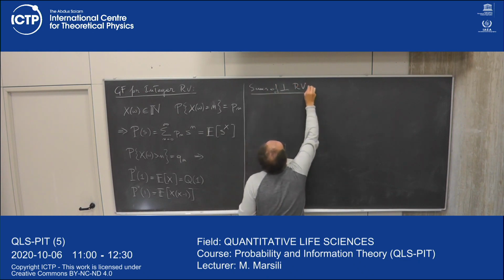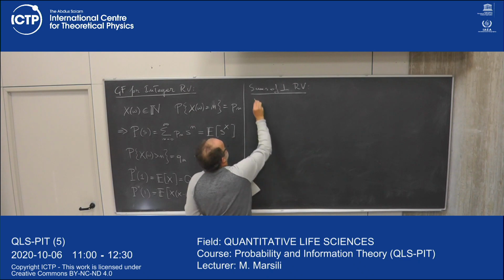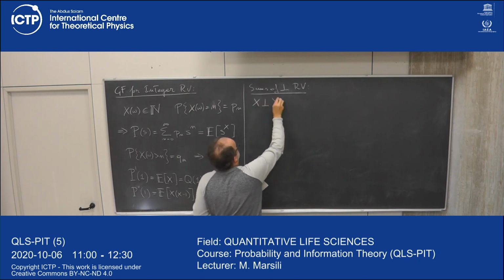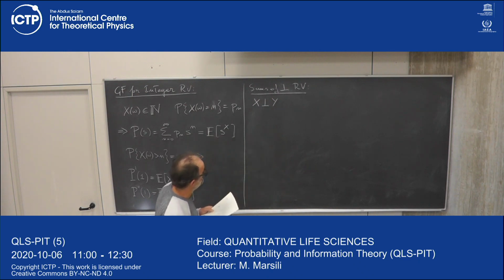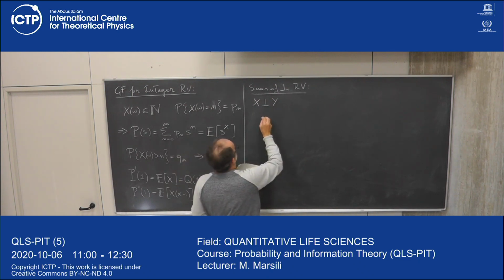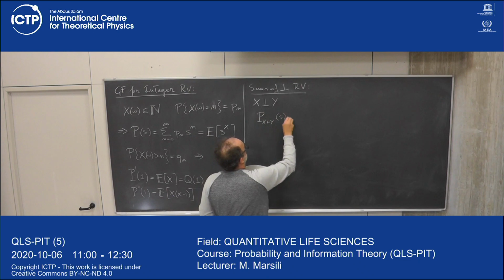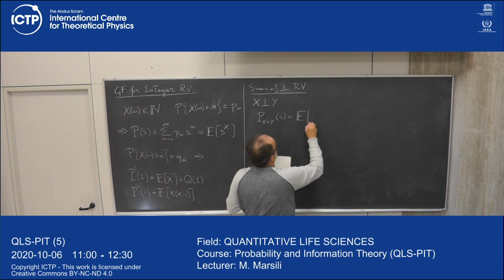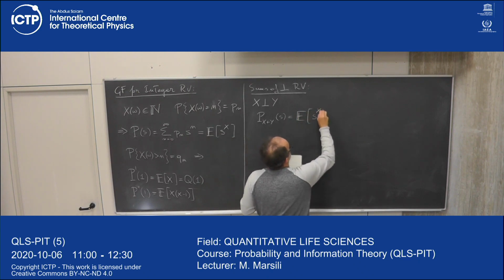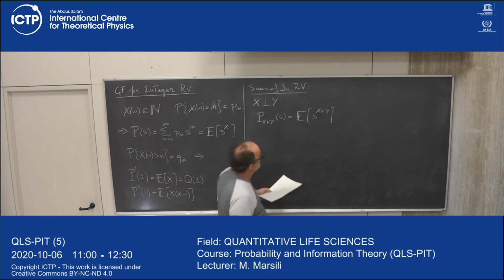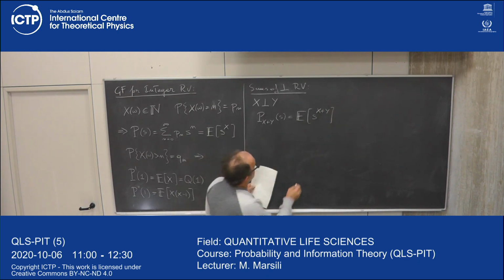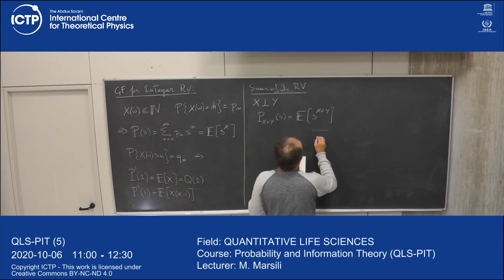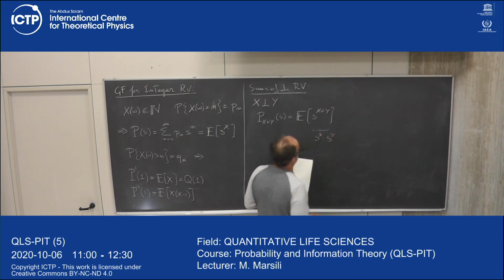Okay, so imagine that you have two random variables x and y that are independent, and then you want to compute the generating function of the sum of these two random variables. Okay, so the definition is that this is the expected value of s to the x plus y. Okay? But now s to the x plus y is s to the x times s to the y.